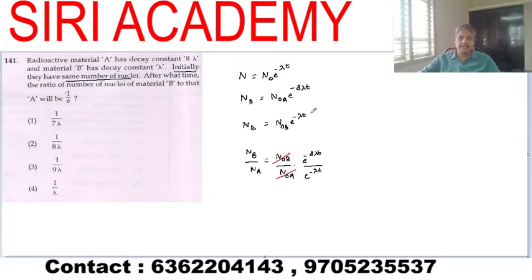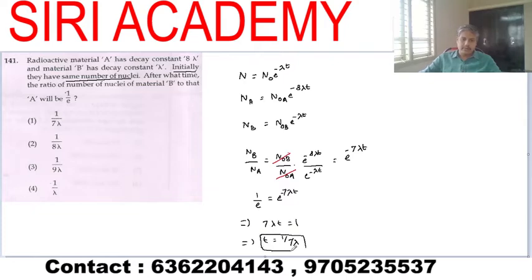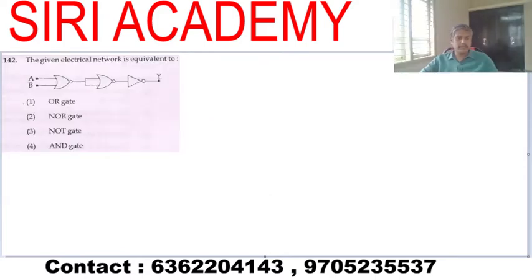So these two get cancelled, and this is equal to e power minus 7 lambda t... Now he has given that NB by NA is equal to 1 by e is equal to e power minus 7 lambda t, implies 7 lambda t is equal to 1, implies t is equal to 1 by 7 lambda. So the option corresponding to this answer is the first option.